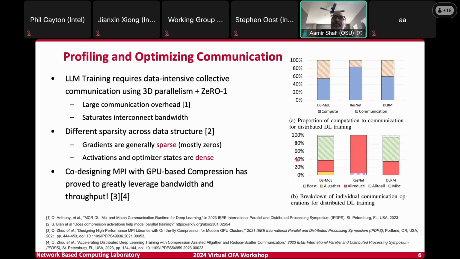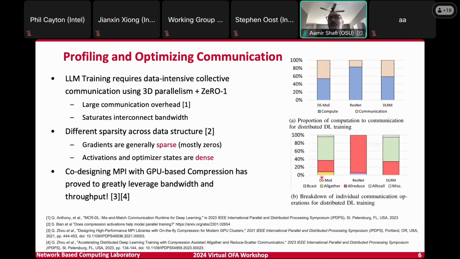In this figure, we are just looking at the impact of communication on the overall training, right? So the top right figure here is showing the proportion of compute versus communication for different kinds of DL training workloads. The first bar here is DeepSpeed mixture of experts, then ResNet, this is simply PyTorch, and then we have a deep learning recommendation model. As you can see, the blue part here is the compute, and there is a significant communication part there as well.